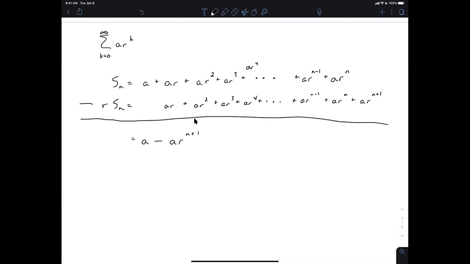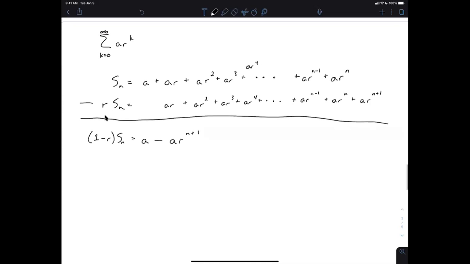On the left, I get the coefficient to be 1 minus r and then Sn. So it's like 1 Sn minus r Sn is 1 minus r Sn. Does everybody follow that? Questions?